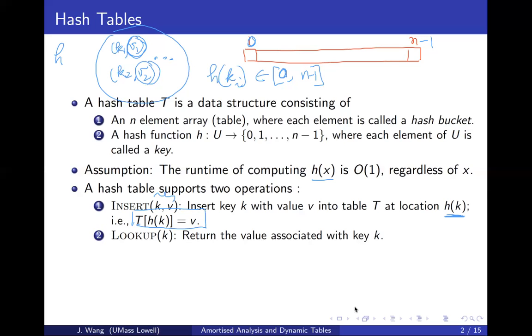Of course, a hash table should also support deletion. When an item is no longer needed, you provide a key, then you can remove it from the table. But right now we're just looking at insertion and lookup.